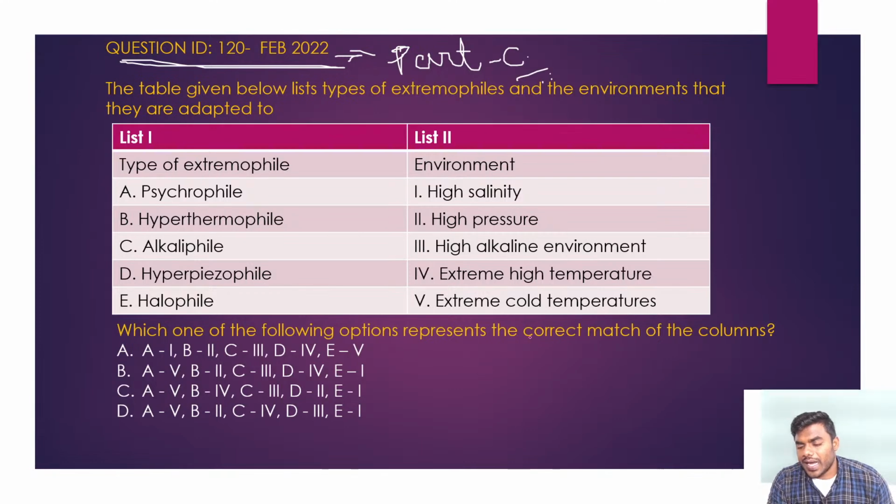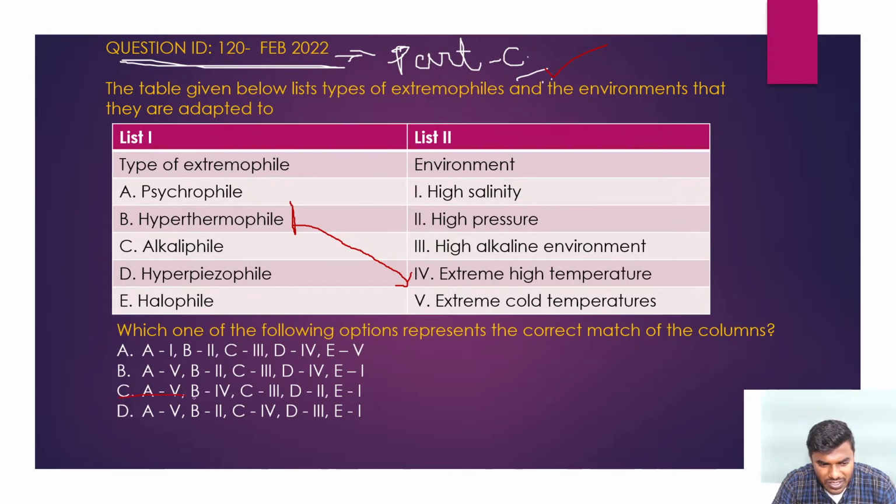See, I never say that luck will work all the time, but in this kind of question luck will work. At least if you know one single word, that is, what a hyperthermophile is, 4 marks are in our hand. We all know that hyperthermophiles are the ones living at extremely high temperature.